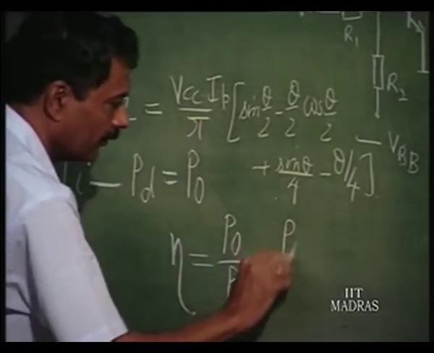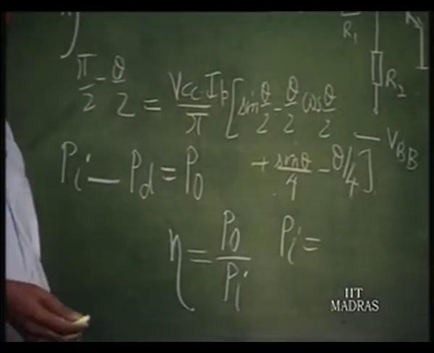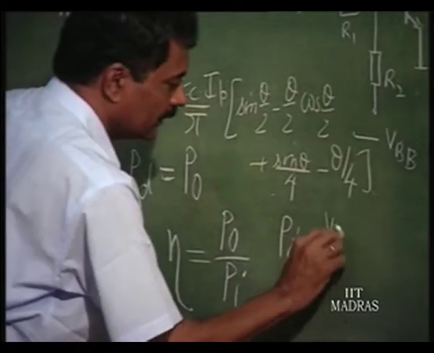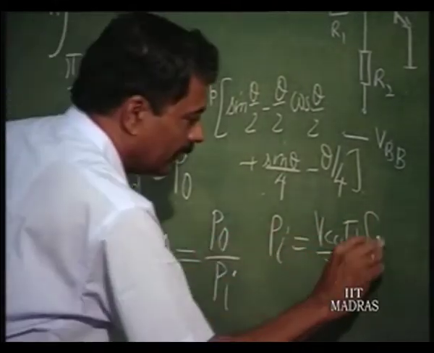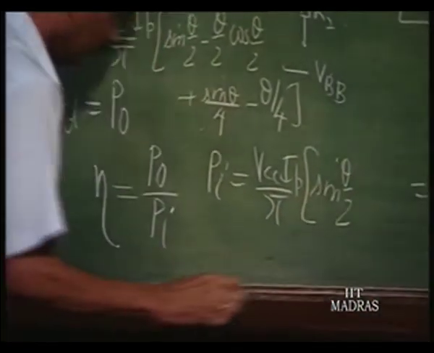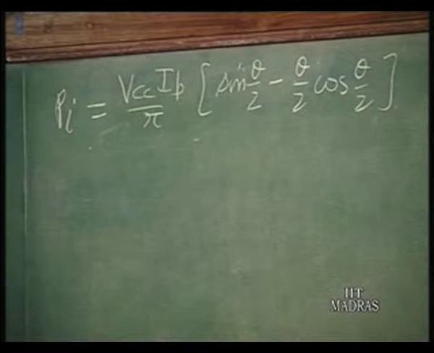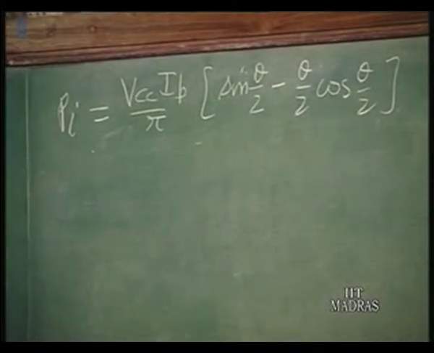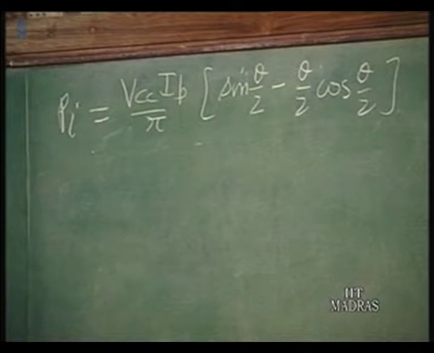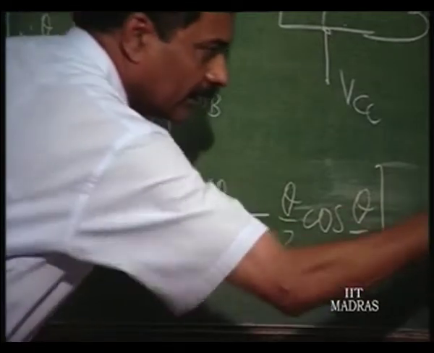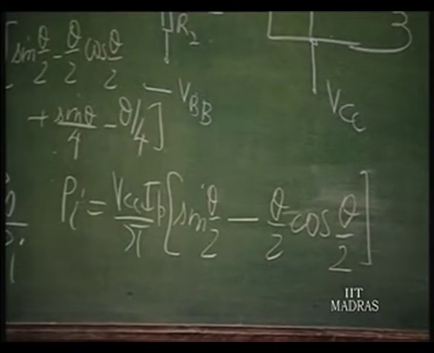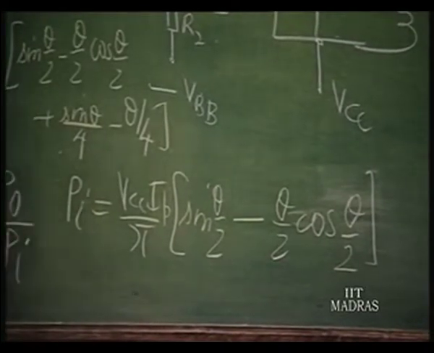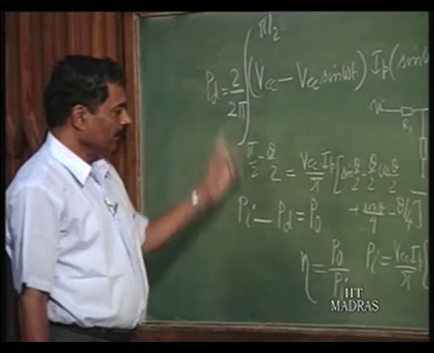Power input we had earlier obtained is nothing but VCC into I average, which is VCC IP by pi into sin theta by 2 minus theta by 2 cos theta by 2. This is going to be the power that is inputted. So, we have to subtract this power dissipated from the power inputted.